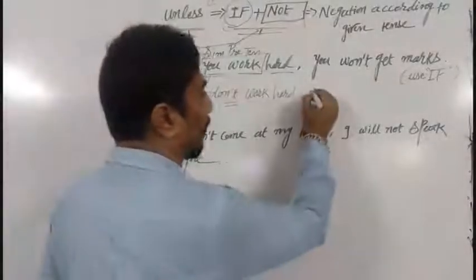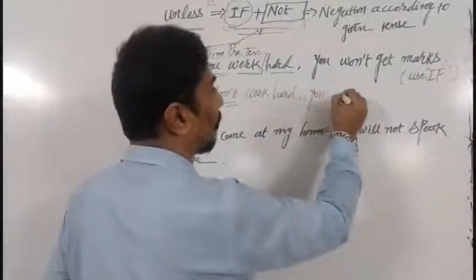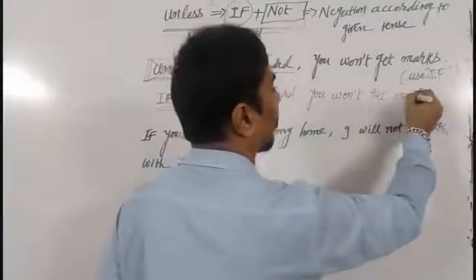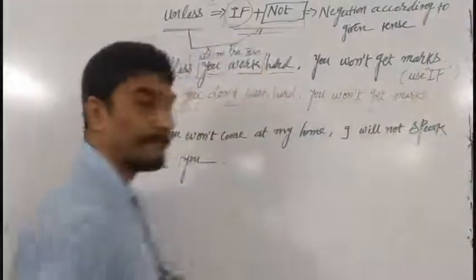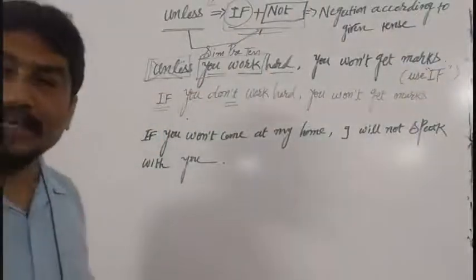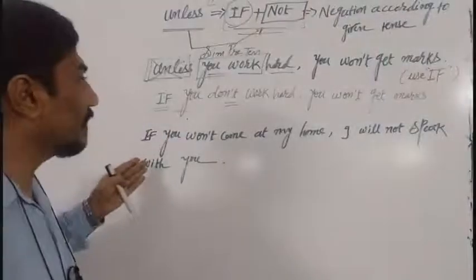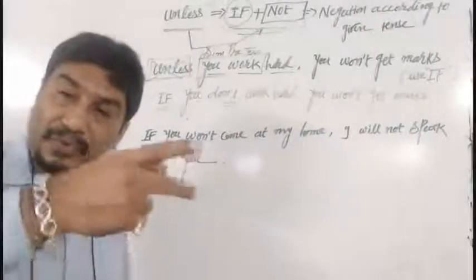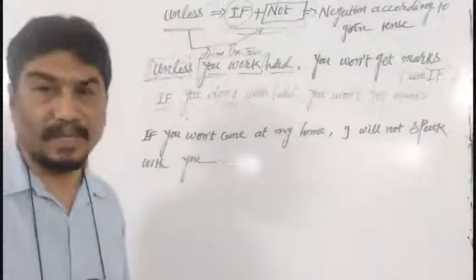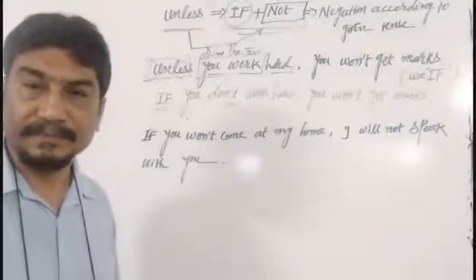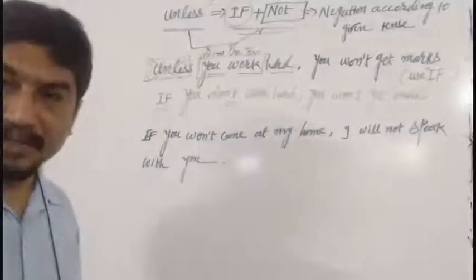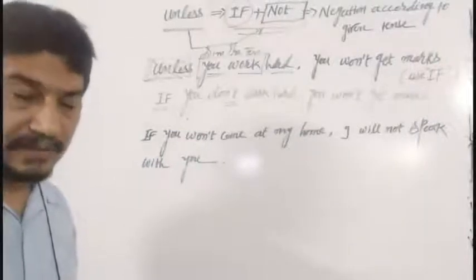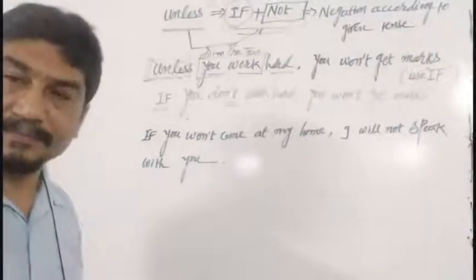Next, if you write it as it is without any change, you won't get marks. You see here, this is what we have done, the transformation from unless to if not. Got the idea? Write it down. Then afterwards we'll move ahead to the second sentence.